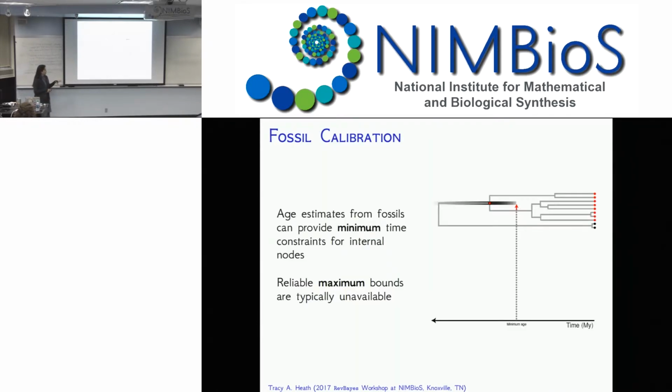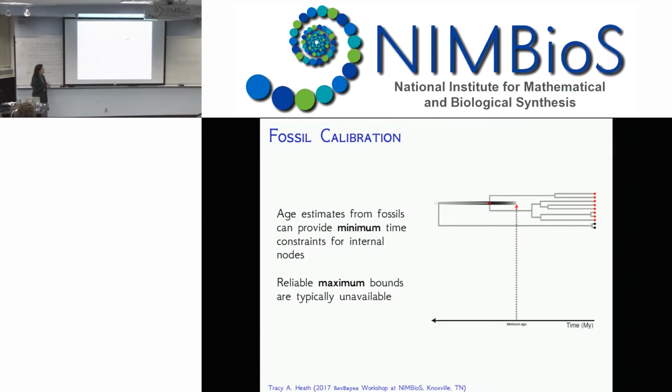So coming back to this concept of these as calibrations, when we observe a fossil given some time, we know that it will impose a minimum age on the age of a node. If we find this fossil and we're certain that it falls within the crown group of all these red taxa, then we know that it can impose a minimum age on the age of the most recent common ancestor of the red taxa.